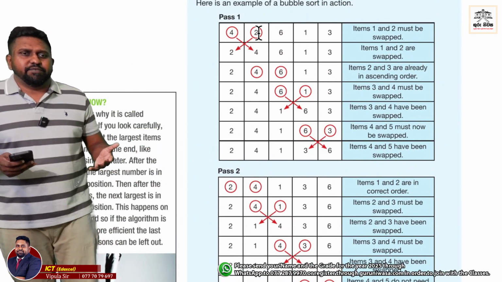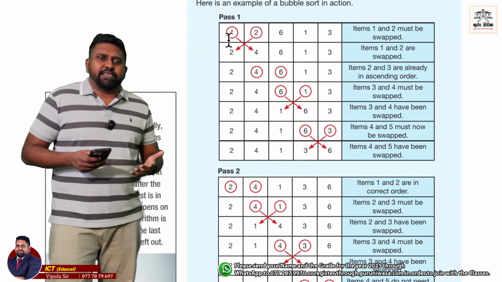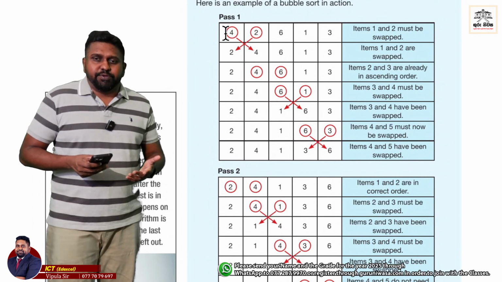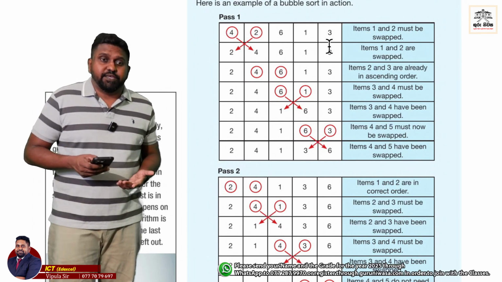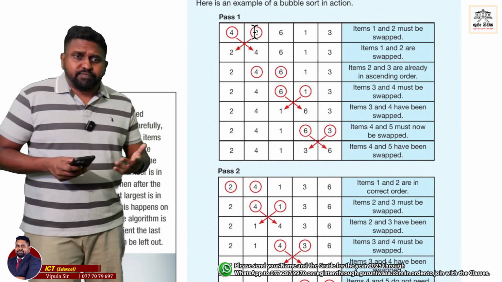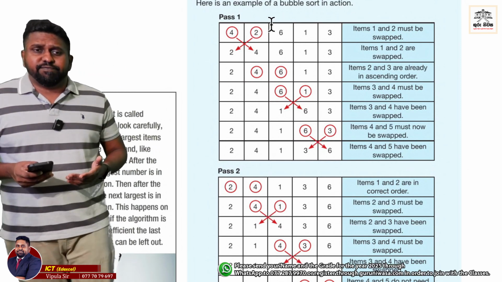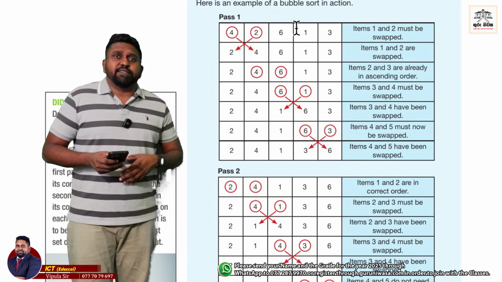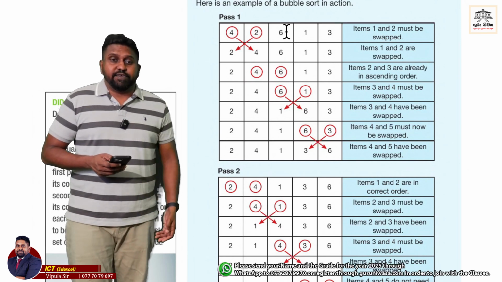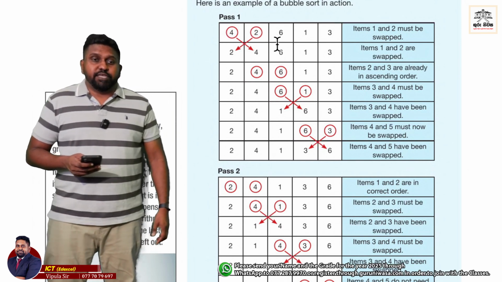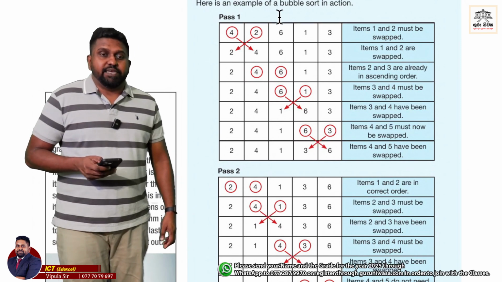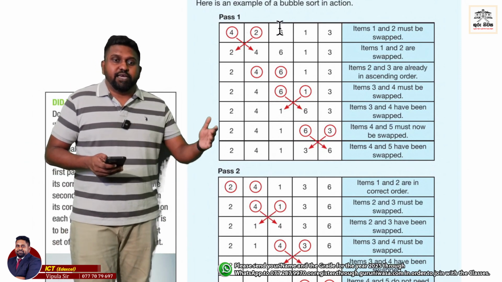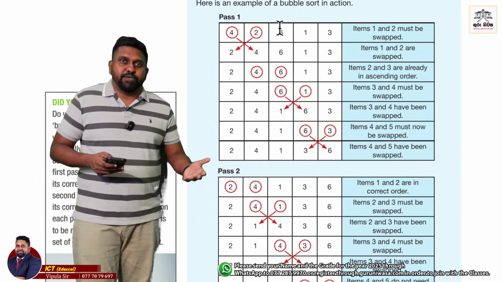Let's say this is the data set: 4, 2, 6, 1 and 3. Altogether we have 5 elements, right? Ultimately what we need is 1, 2, 3, 4 and 6. That's the ideal order we need this sorted into.